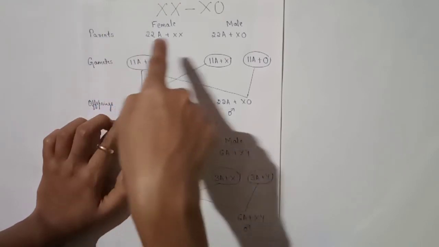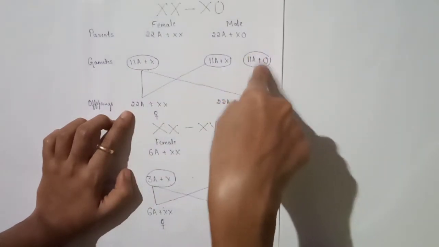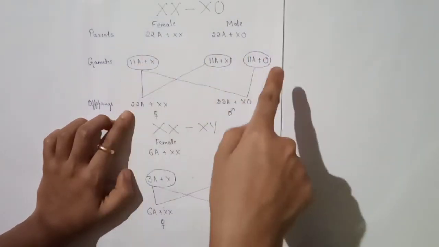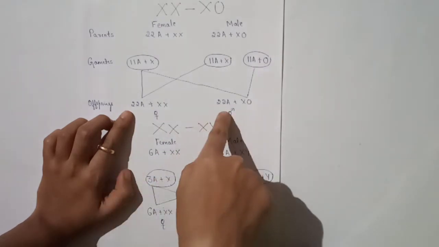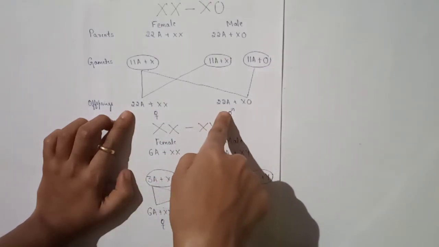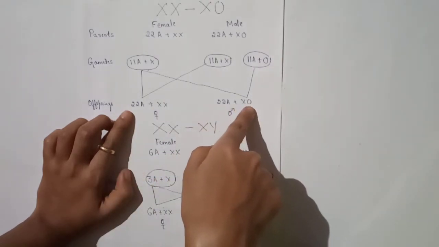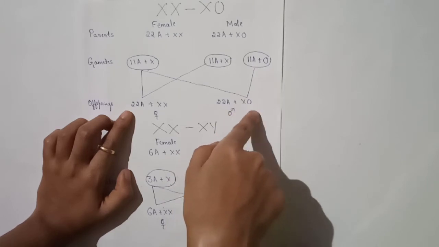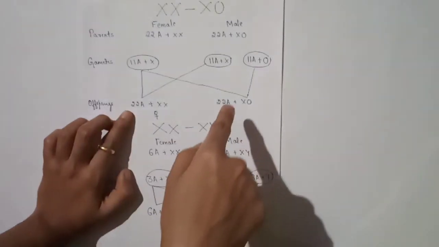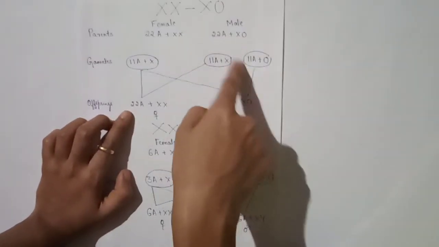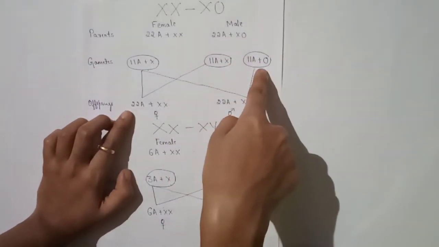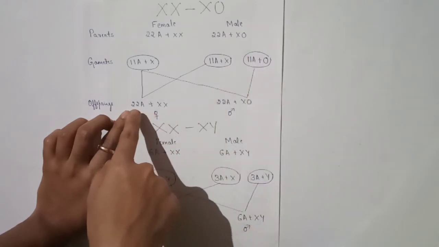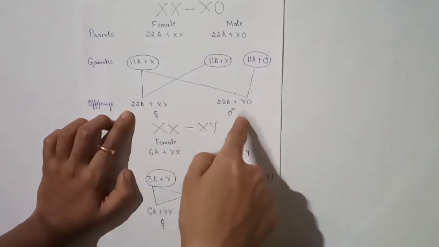Suppose this egg cell is fertilized with this sperm. Then the offspring consists of 22 autosomes plus only one X chromosome. That means the individual becomes male.